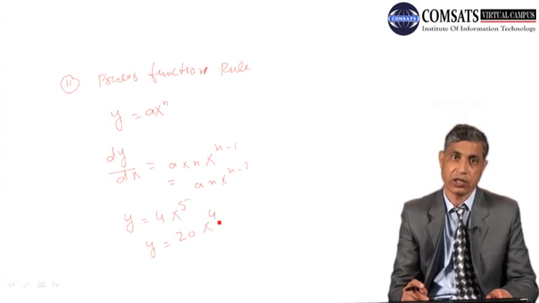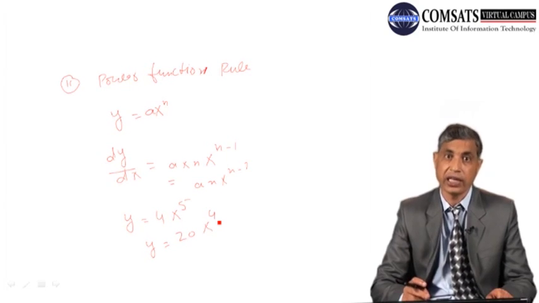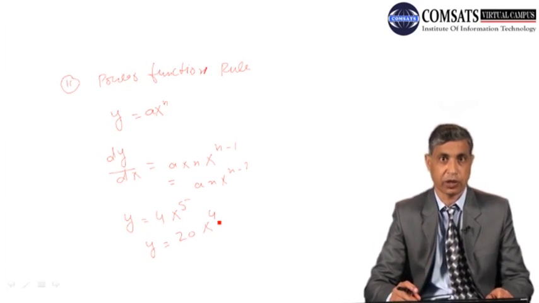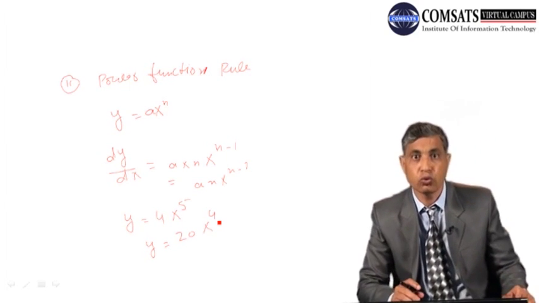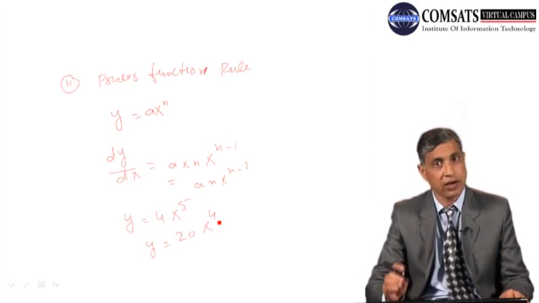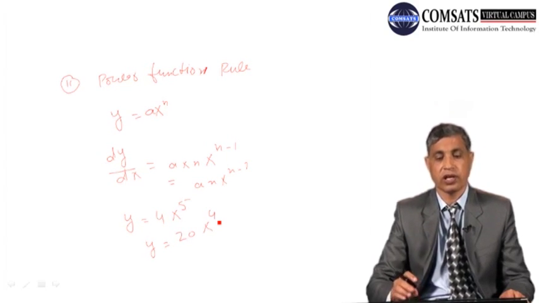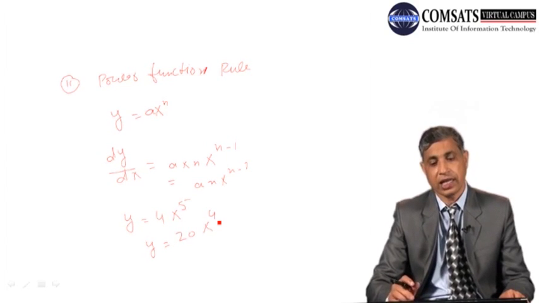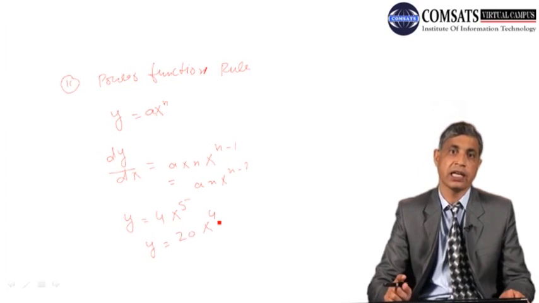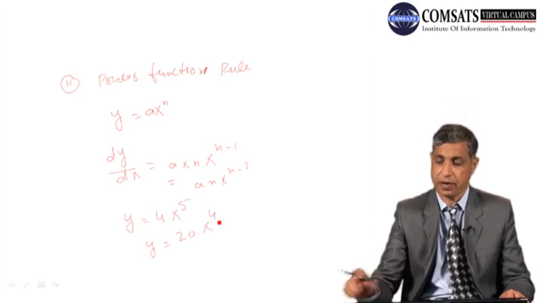So this is the second rule, called the power function rule, and it is widely used and is the basic concept. By now we have learned two rules. The first is that the derivative of a constant is always equal to 0, and the second is the power function rule: when we take the derivative, we multiply the power with the coefficient and subtract 1 from the power.